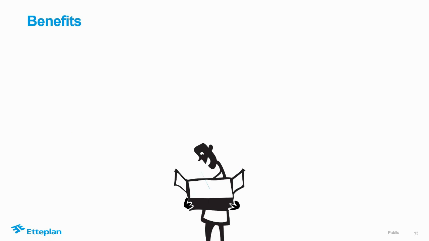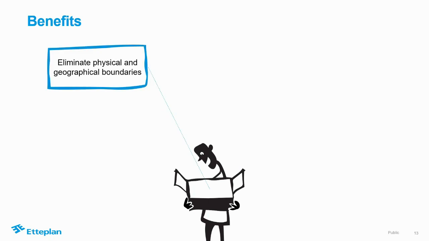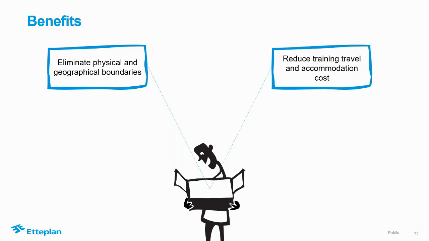Benefits of modern e-learning: it eliminates physical and geographical boundaries. You can study anywhere with almost any tools like tablets or a phone. It will reduce training, travel, and accommodation costs.